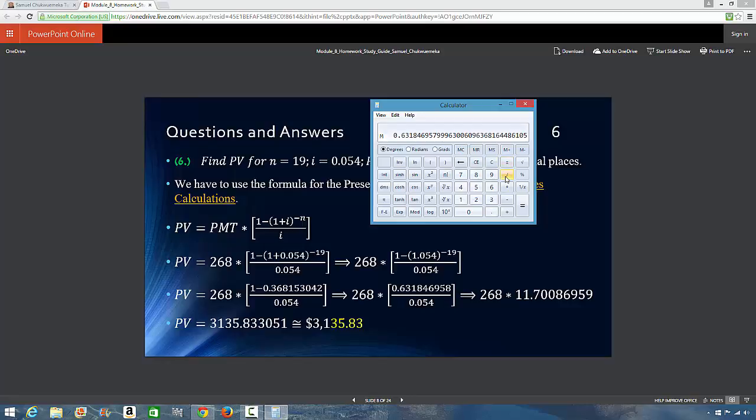And then I now divide by 0.054 equal to, and then I multiply by 268 because I'm done with the bracket. 268 equal to, and that is $3,135.83. Okay. If I want to start a new one, I just clear the memory.